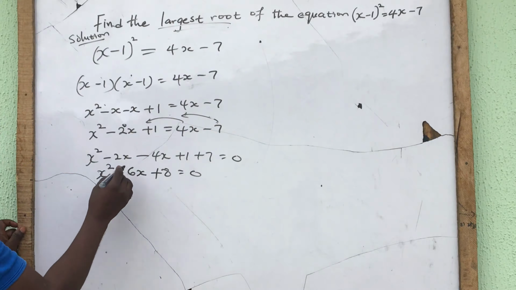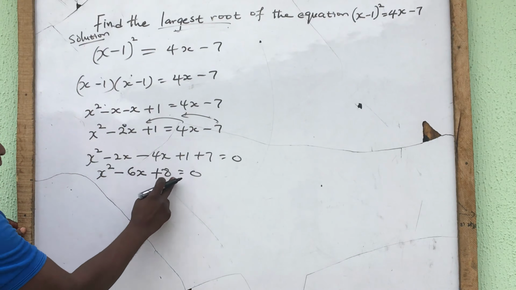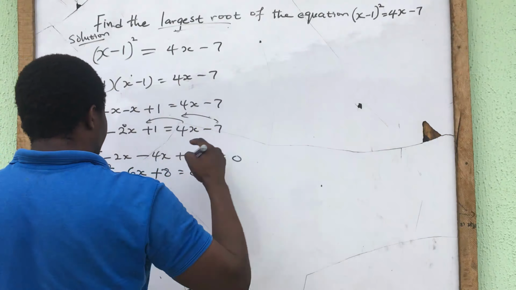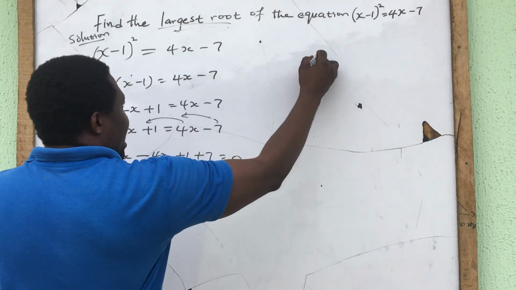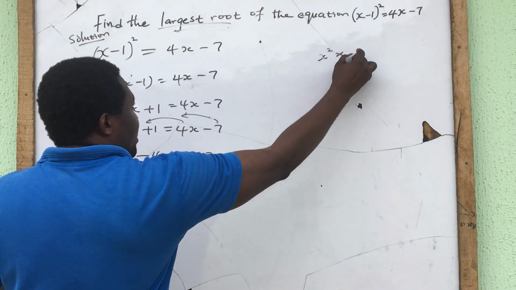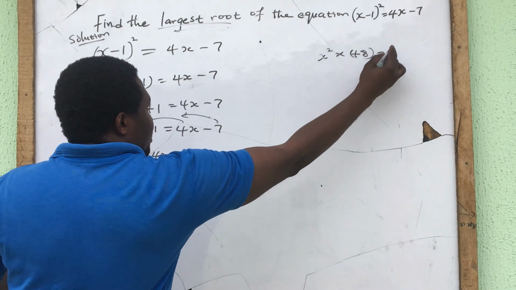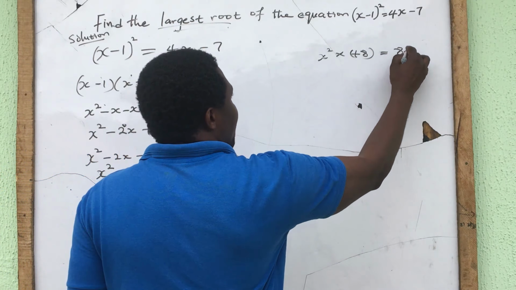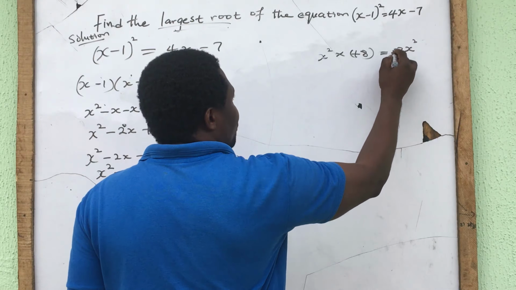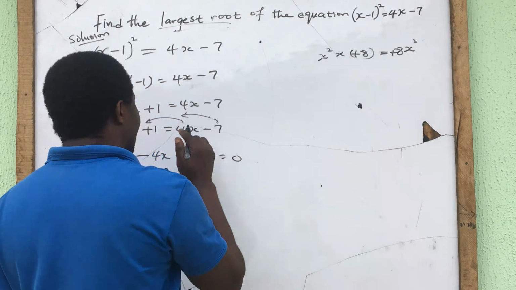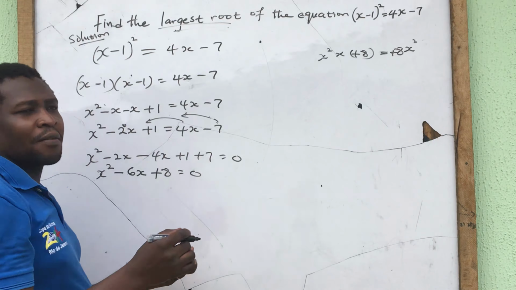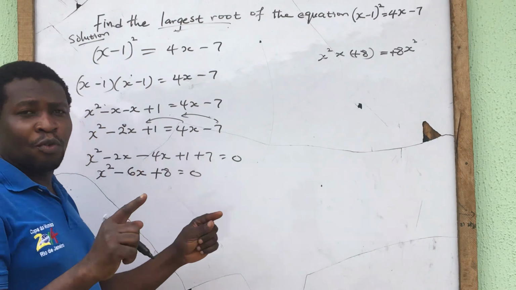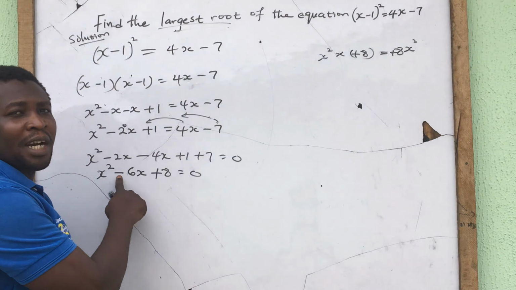From that, we have x squared times plus 8, that gives us plus 8x squared. So look at the factors. Since this sign is plus, we are going to have the same sign for the two factors, and the bigger number will carry the negative sign.